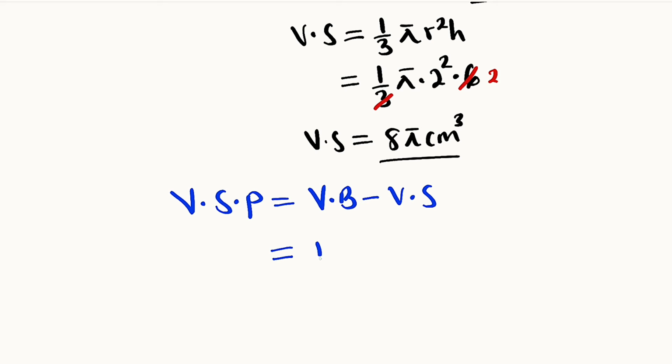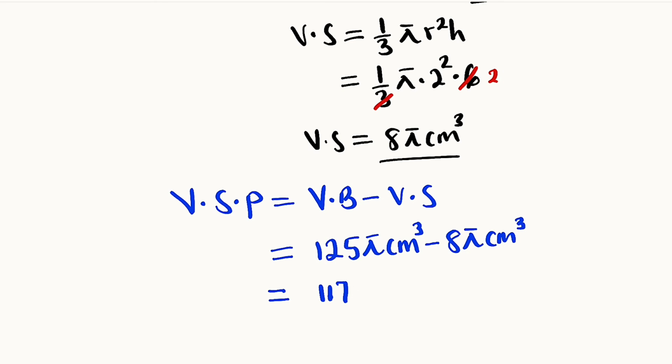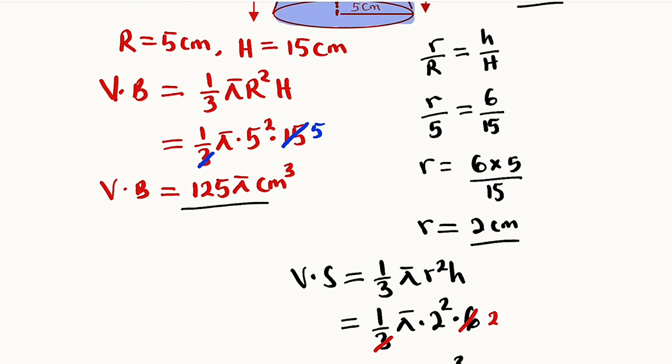This is equal to 125 pi centimeter cubed minus 8 pi centimeter cubed. And this is equal to 117 pi centimeter cubed. So this is the volume of the shaded part in this diagram.